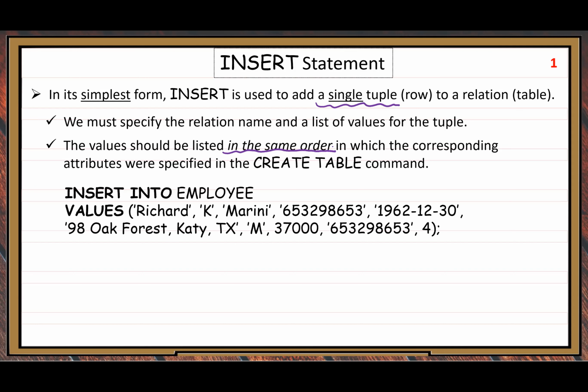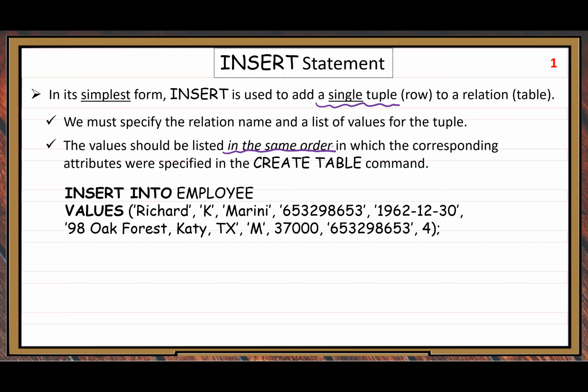Salary, supervisor SSN, and the department number. Based on that information, you can make one insertion for one tuple, one row, into the table. That's simple, that's straightforward.